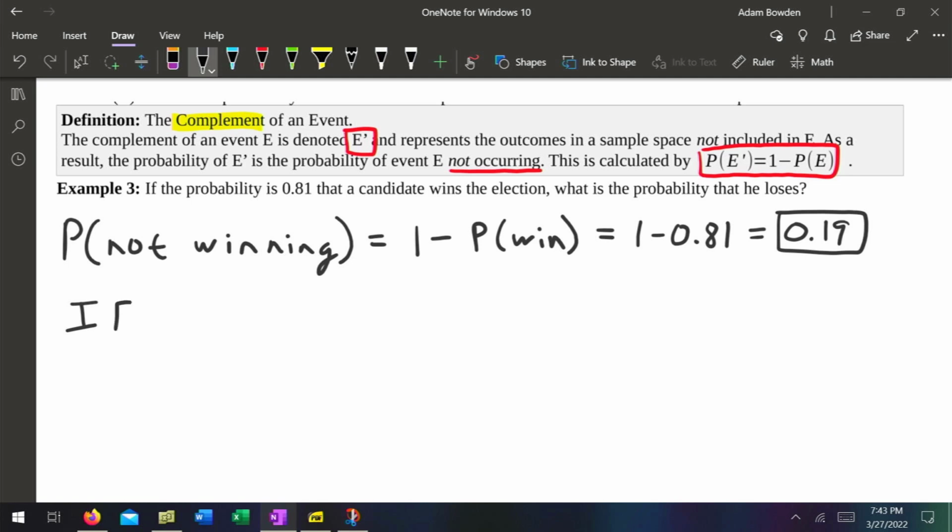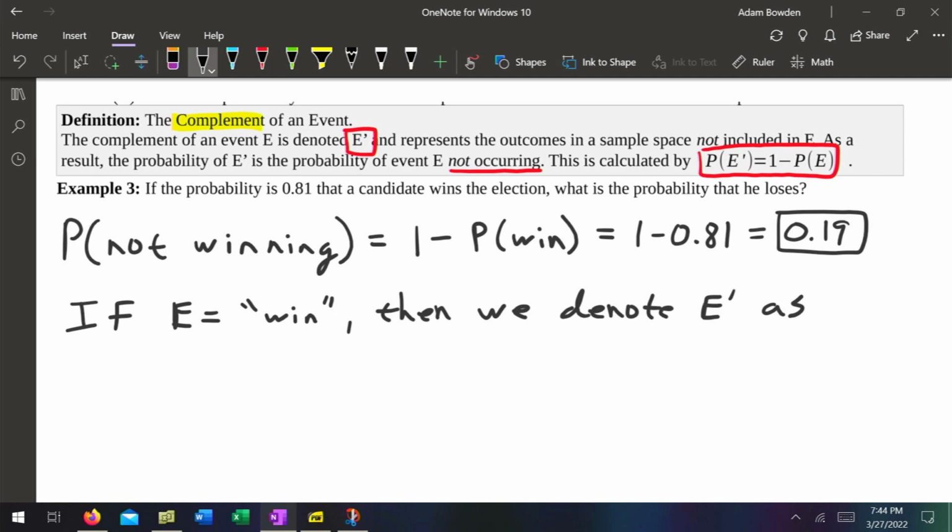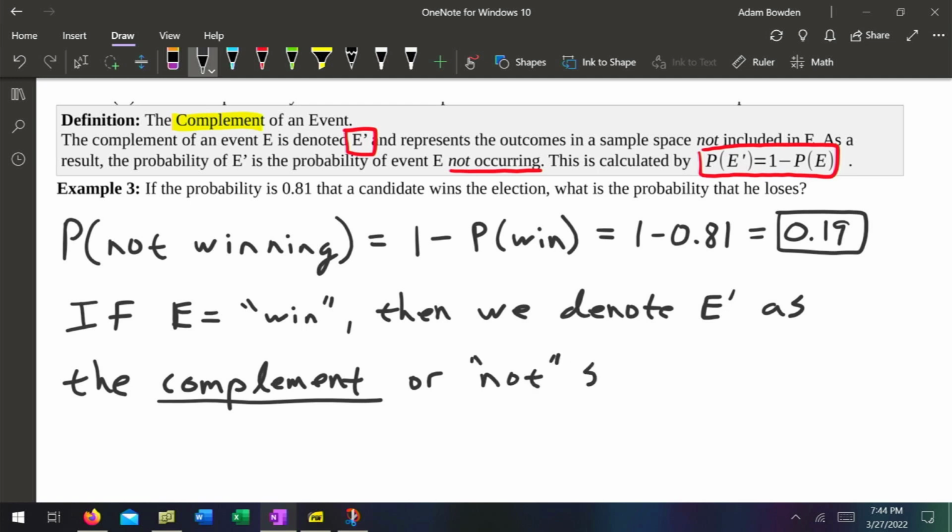So in other words, how we write this in the notation is if we let E stand for the event of winning, then we denote E, sometimes called E prime, as the complement, or in other words, the not statement.